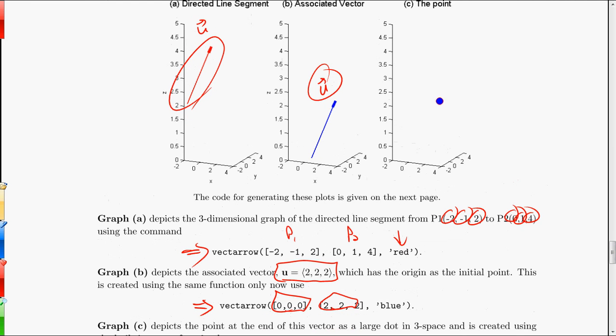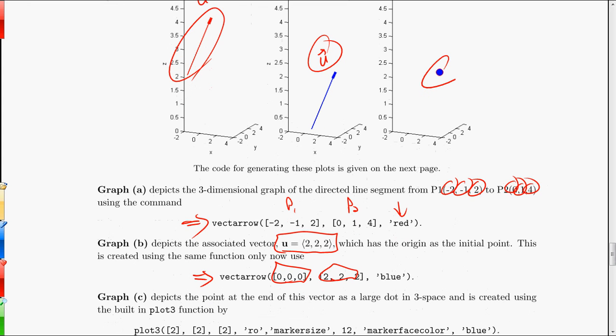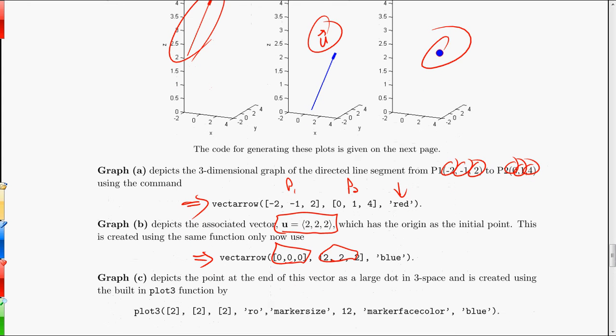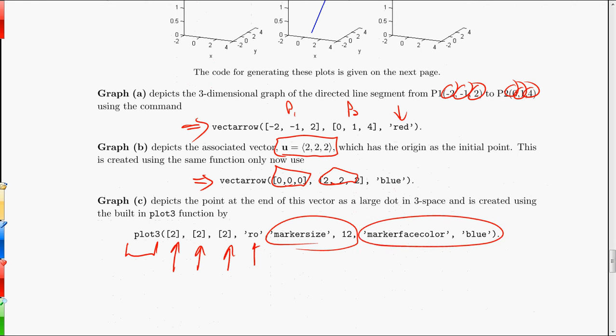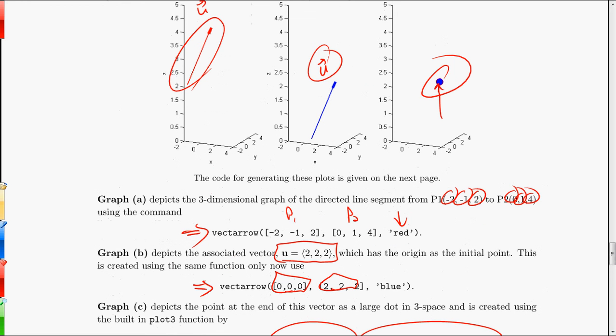But now suppose I didn't want an arrow or a directed line segment. Suppose I wanted a point. I just want to plot the point 2, 2, 2. I use this command plot3. There's my x values, it's only 1, y values, z values. This makes a red circle. This increases the marker size. This makes the marker face color blue, that's this blue right there.